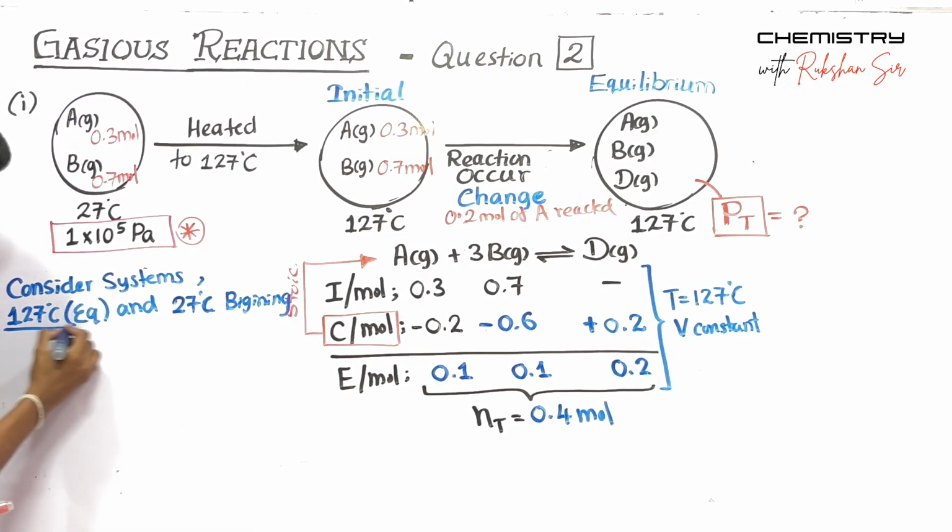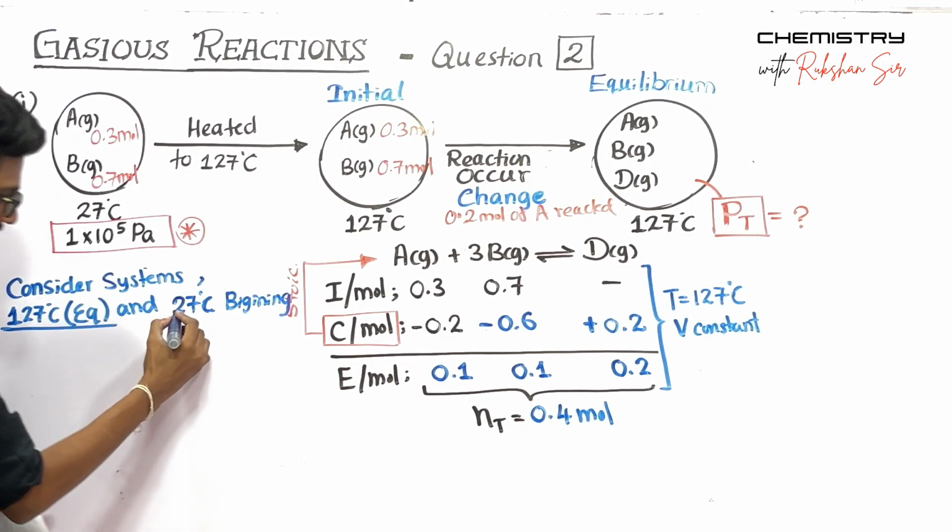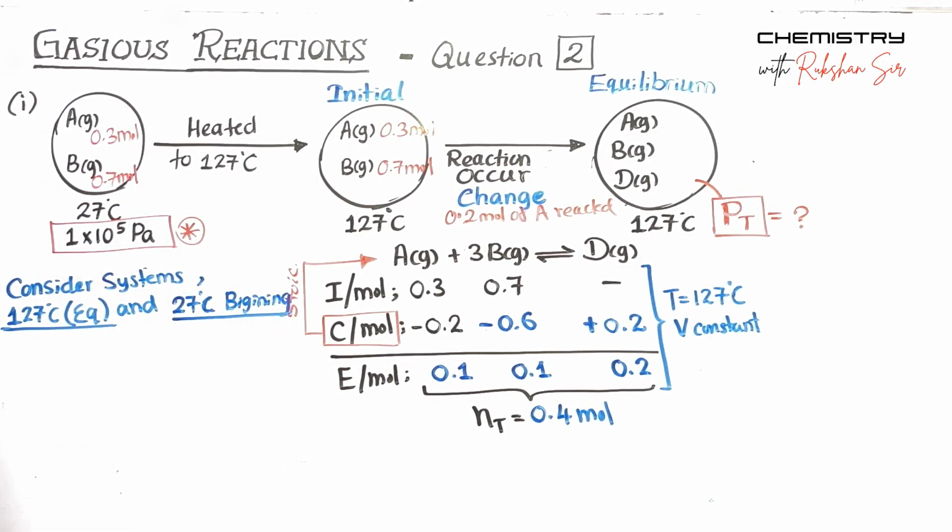Consider these two systems, 127 equilibrium and 27 Celsius beginning. Let's consider those two systems.